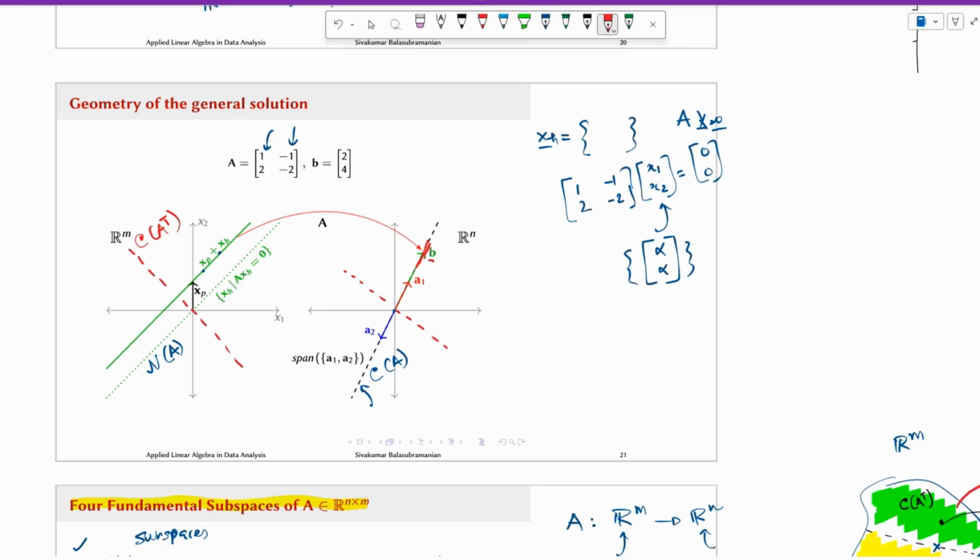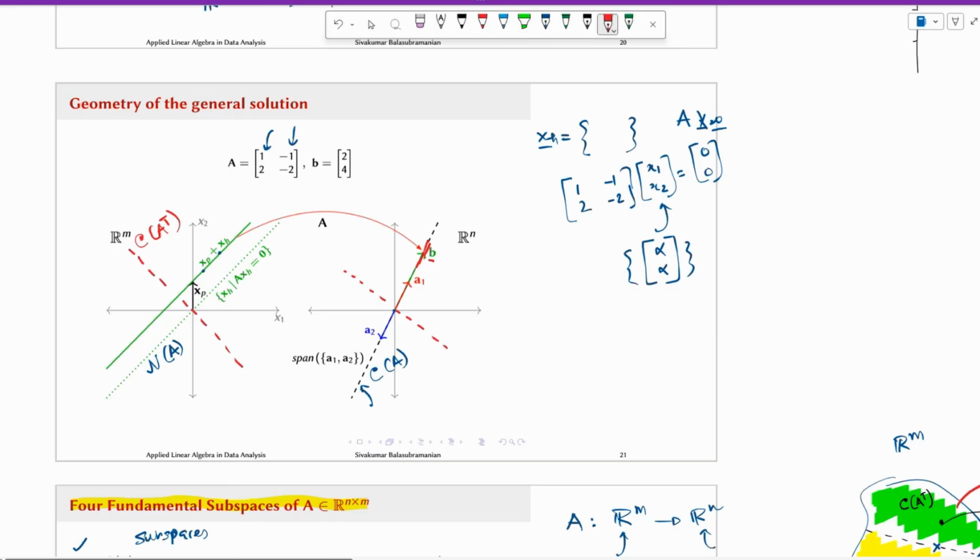Left null space is perpendicular to the column space, which essentially means by doing AX, you can never move in a direction perpendicular to the column space. That means that direction is forbidden. Okay? It's not that the entire region is forbidden, it's just that direction is forbidden, which essentially keeps you then in that line, in the column space line.